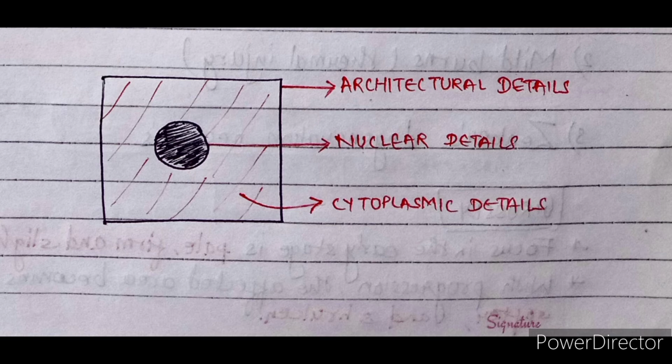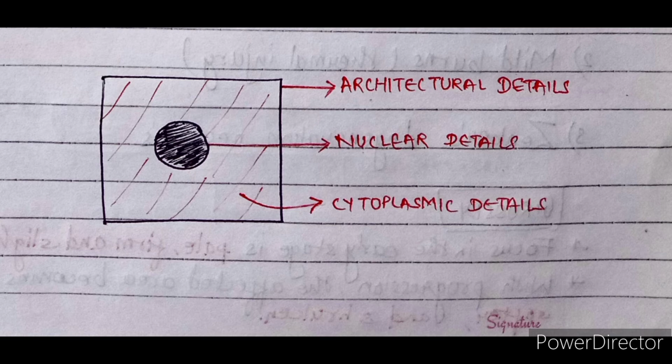And in nuclear detail, we can see that some cells are circular, some are oval, some are dark colored, some are condensed. So various cells have various details, and by looking at these 3 types of detail, we can determine which type of cell it is. By looking at the outline, that is the shape of a cell, the cytoplasm, that is color and granularity, and the nucleus, also its color, granules, shape and position.